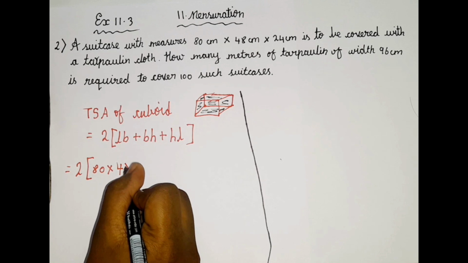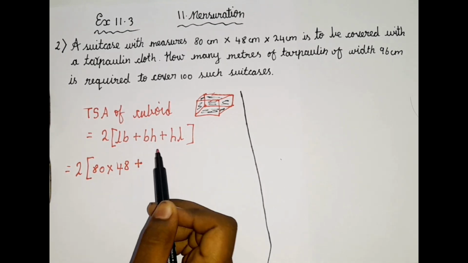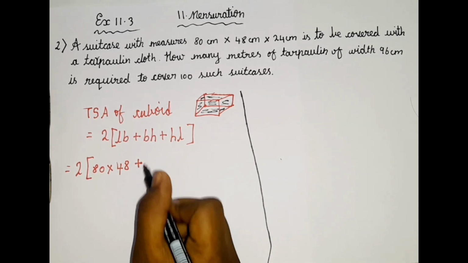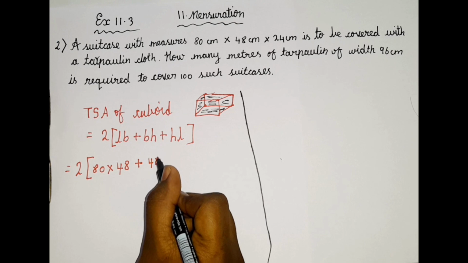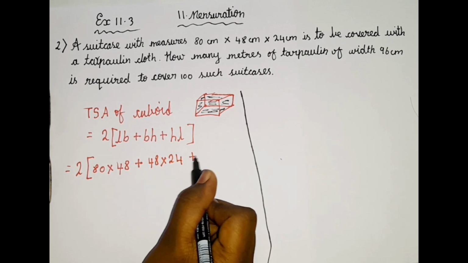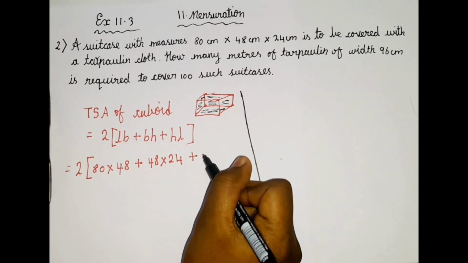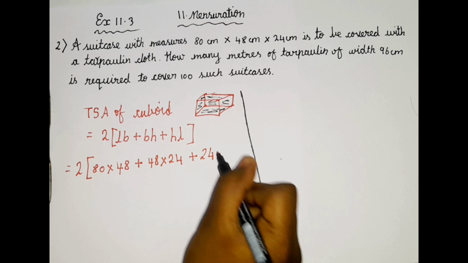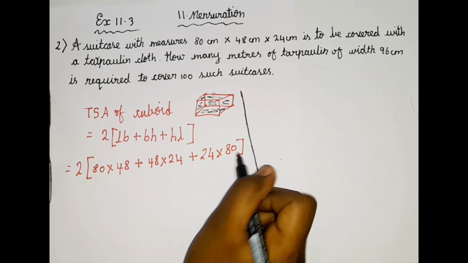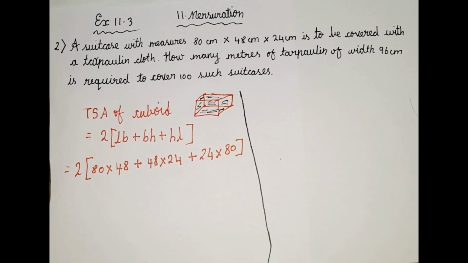So 80 into 48 plus B into H, which means breadth into height. So what is the breadth value? 48. So 48 into 24 plus HL, that is height into length. So height value is 24. Am I right? So 24 into 80. So now we are going to be solving all of this, okay?